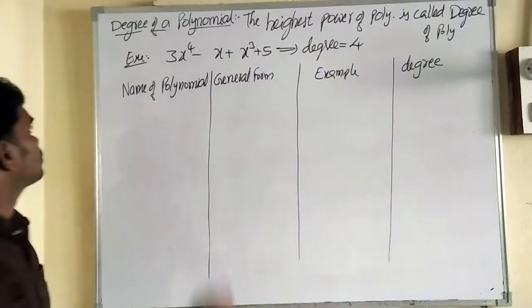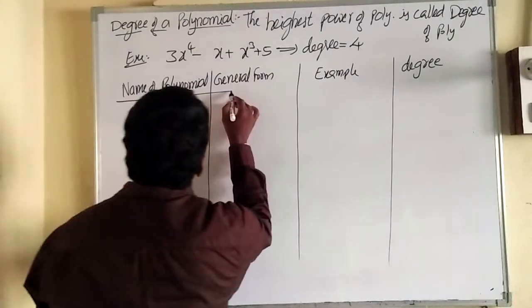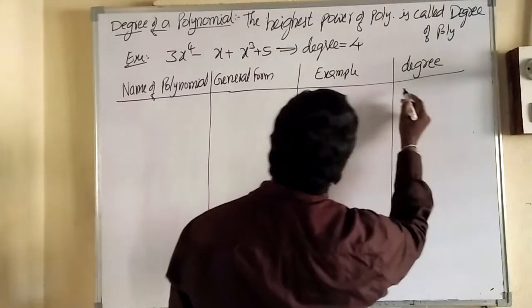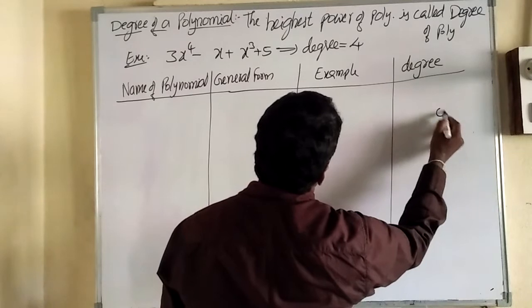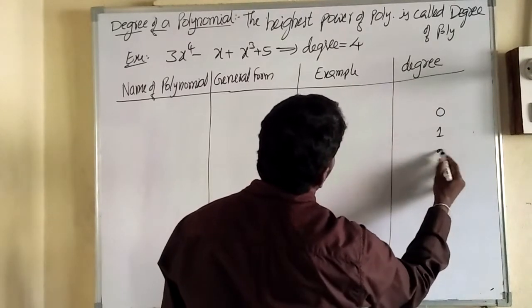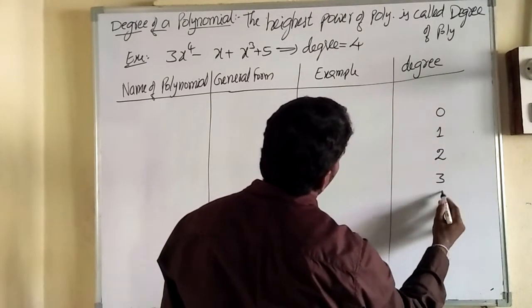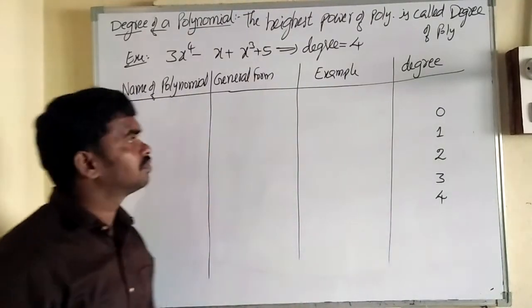As I told you, it depends on degree. Suppose the degree is 0, degree 1, degree 2, degree 3, degree 4, and so on.